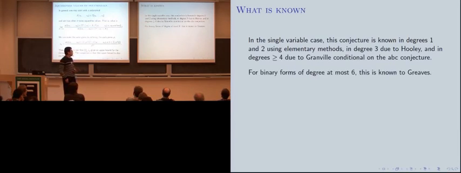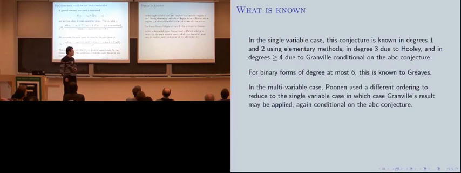For binary forms, so homogeneous in two variables, this is known up to degree 6 due to works of Greaves. And in the multivariable case, Poonen used a different ordering where he fixed the last coordinate and let the rest go to infinity first, and then the last one go to infinity last. Then he can reduce to the single variable case that's unconditional on anything. And then you can apply Granville's result using ABC to finish the problem.